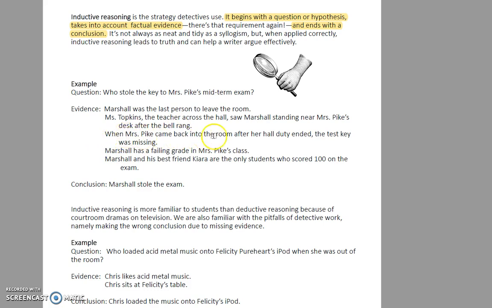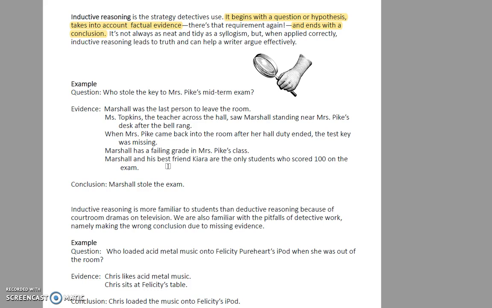When Mrs. Pike came back into the room after her hall duty ended, the test key was missing. Marshall has a failing grade in Mrs. Pike's class. Marshall and his best friend Kiara are the only students who scored 100 on the exam. Now, when we read this in first period, some kids were yelling, well, don't they know you're supposed to miss a couple of questions so it doesn't seem so obvious?